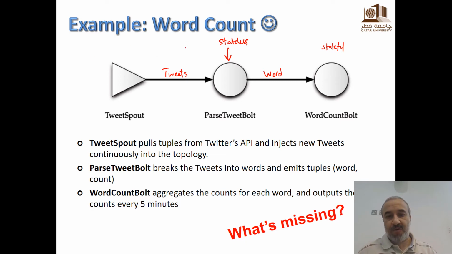We mentioned that each bolt has multiple tasks, right? So you can think of this as actually multiple bolts running, or multiple components running in parallel, right? And this one is also the same.